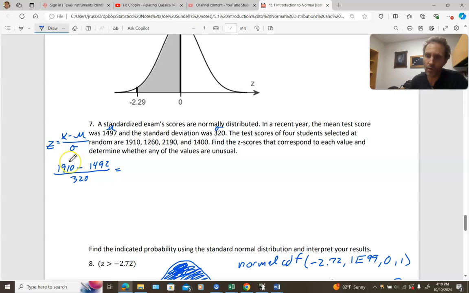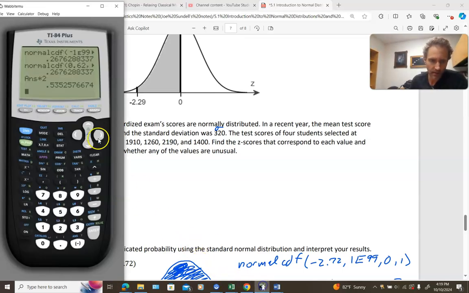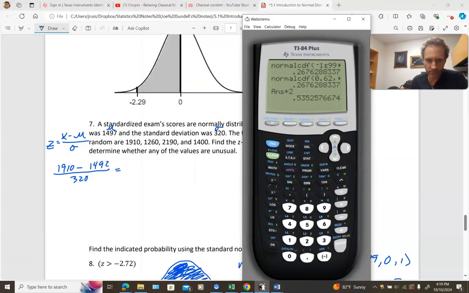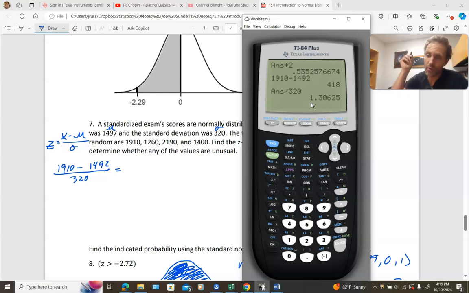The z-score that corresponds to 1910 is going to be, we'll do this in the calculator, 1910 minus the mean, 1497, and divide that by 320. This is the z-score. So that means this student scored 1.3 standard deviations above the mean. Okay.